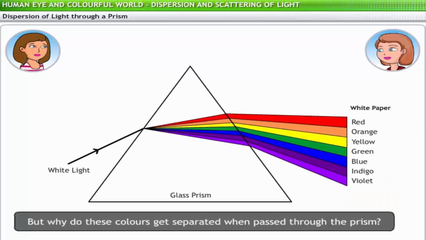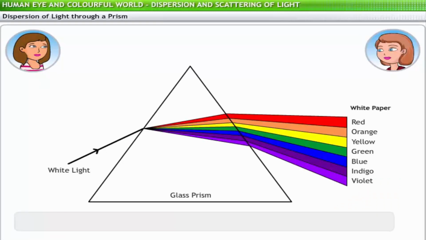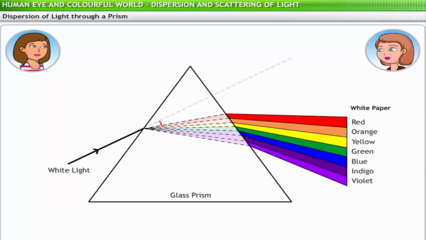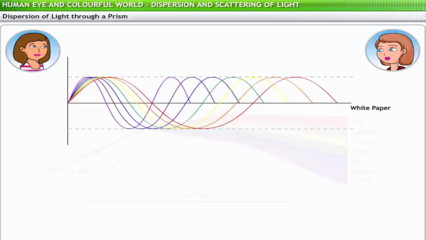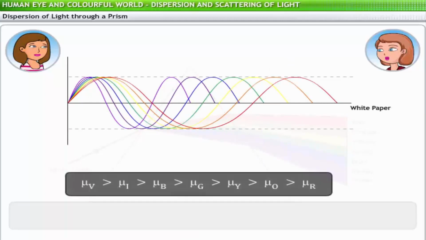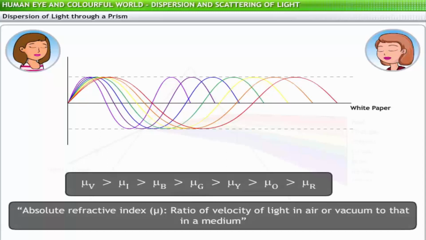But why do these colors get separated when passed through the prism? When white light propagates through a prism, it refracts at an angle. However, the angle of refraction of each of the constituent colors of light varies a little. This is because the frequency and hence the wavelength of each of the constituent colors of white light is different.